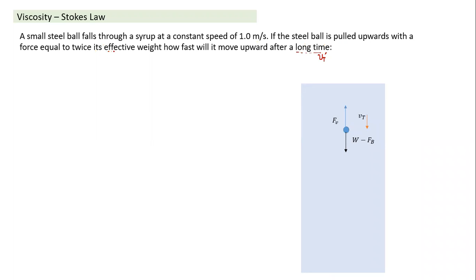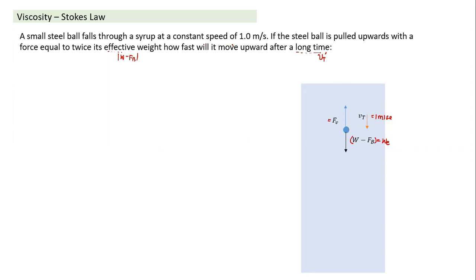Whenever we talk of effective weight, it is the net of these two. So let's understand this part. If it is falling, what are the forces acting? The weight minus force of buoyancy, in the downward direction. And this is nothing but effective weight here. And it is moving at the speed of 1 meter per second. So net force has to be zero.